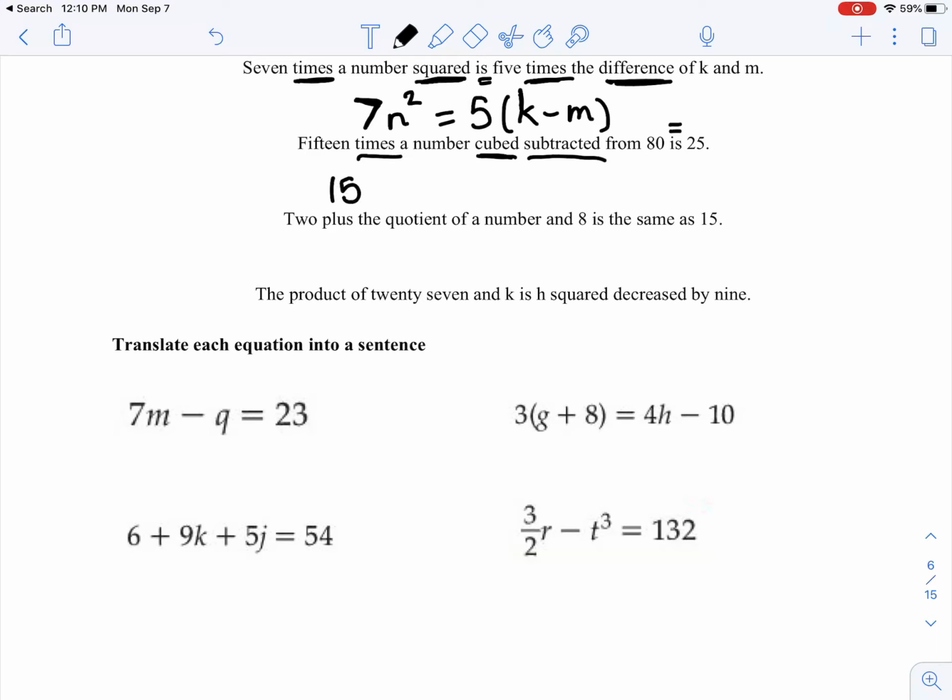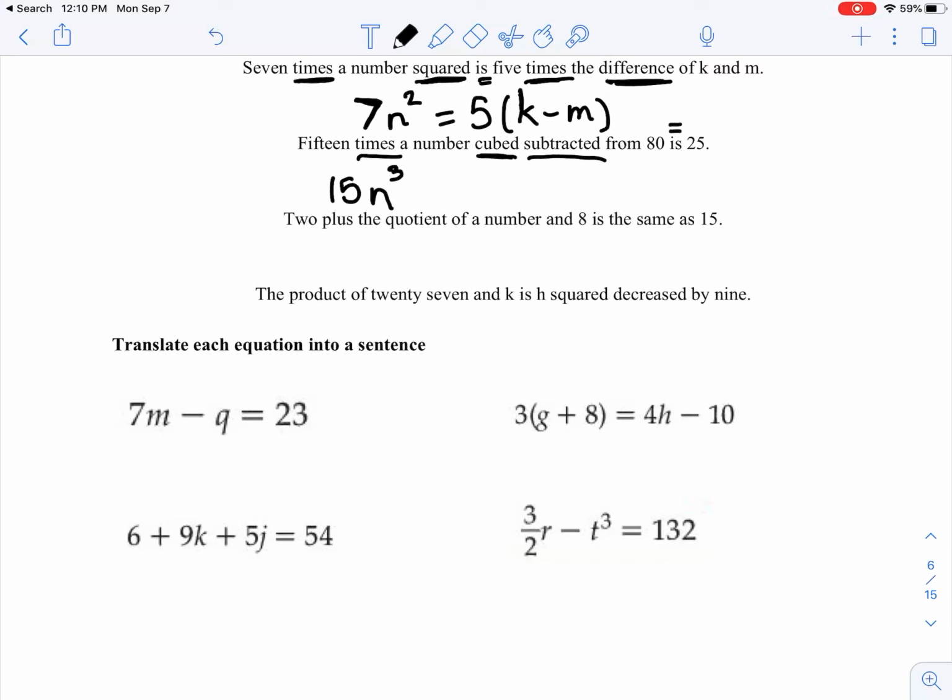So we're doing 15 times. Now when it says times a number, that means we can just put our variable next to it. We know that's going to be 15 times n, right? But I don't need to write the multiplication. 15 times a number cubed. If that number is cubed, that means we have an exponent of 3. If you see the word cubed, that means we're taking it to the 3rd power.